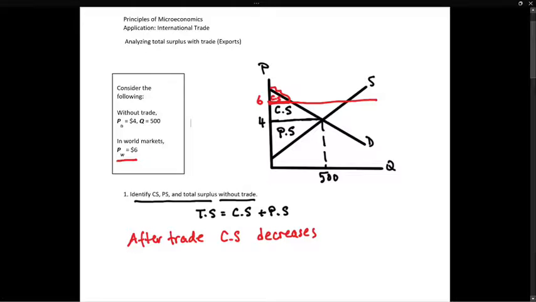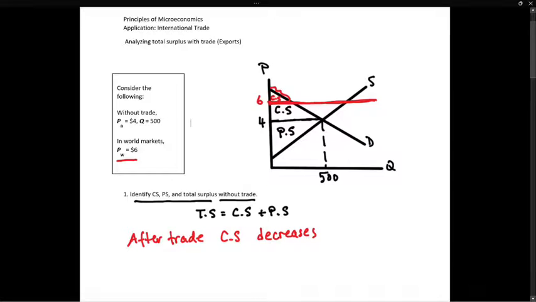What happens to producer surplus? Initially, producers were selling at $4, and now they're selling at $6. So the price line will increase, and the consumer surplus shrinks, but producer surplus will increase because the producer surplus is the area between the new price line, the red line, and the supply curve.